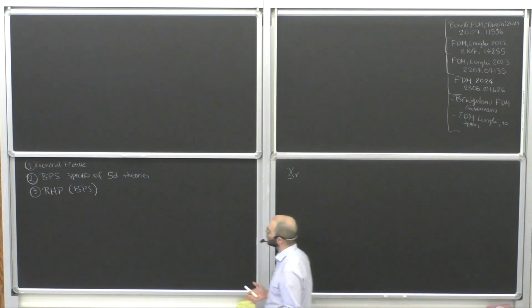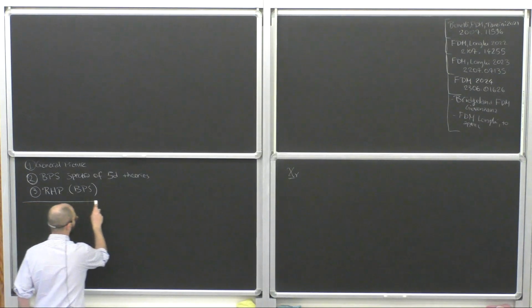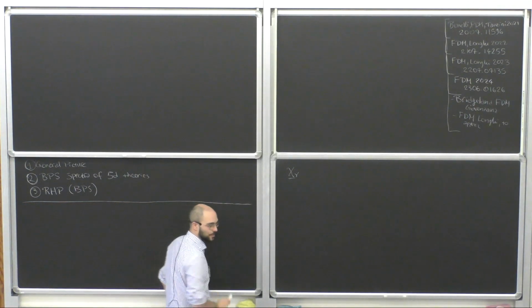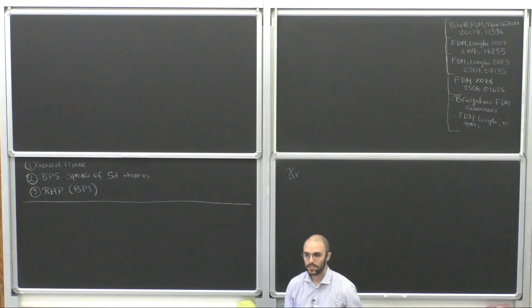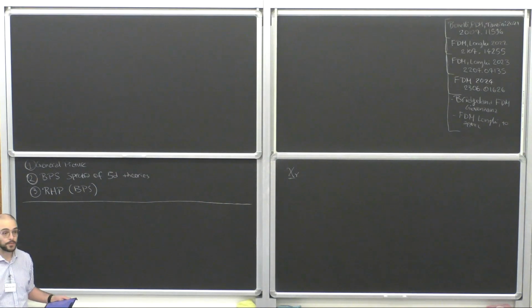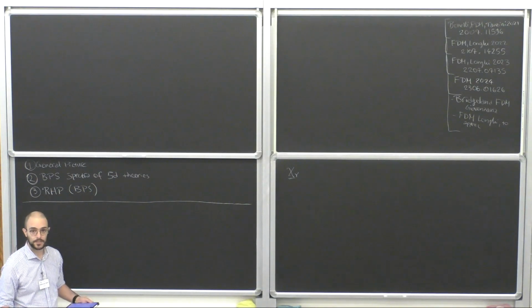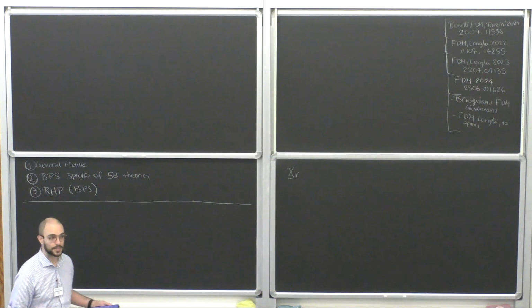So the thing that we should start from is the abstraction of what it means to study BPS states. This can vary depending on what string theory realization you're considering, and concretely they might be realized in different ways.